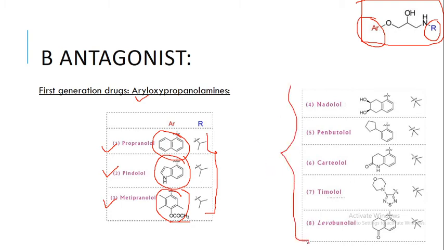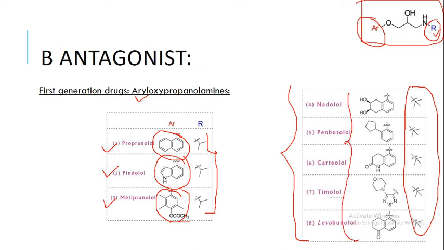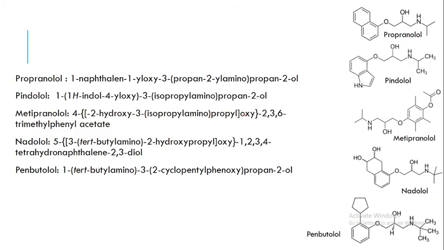And these other agents are nadolol, penbutalol, carteolol, timolol and levobunolol, where in all agents a tert-butyl group is present at the alkyl position, and different aryl groups are attached. In timolol, a morpholine ring is there, which is attached with the thiadiazole. These are the different substituents we'll discuss in individual drugs.